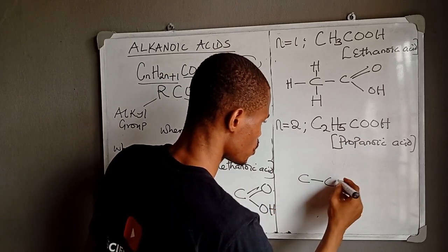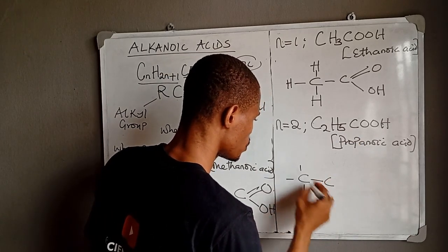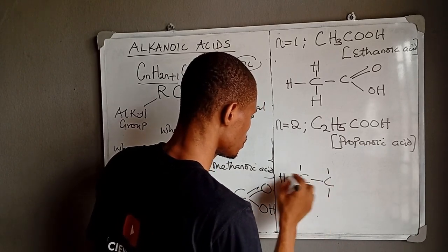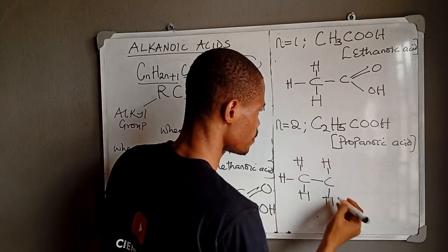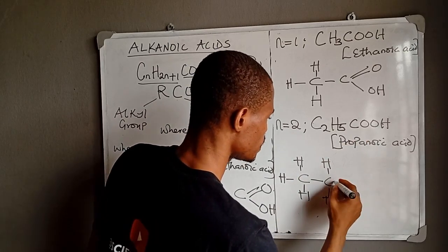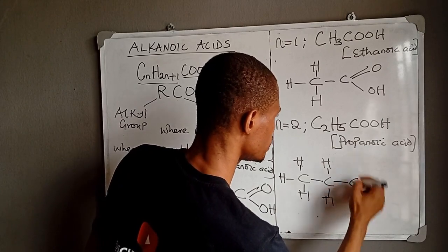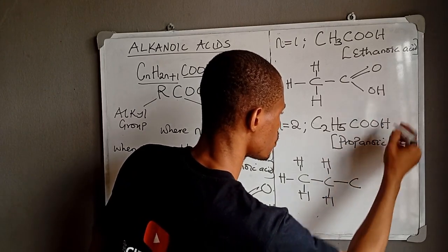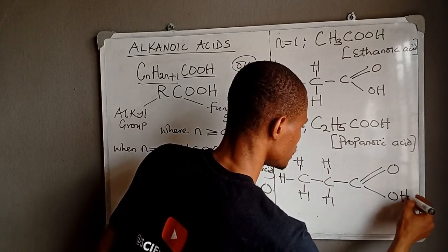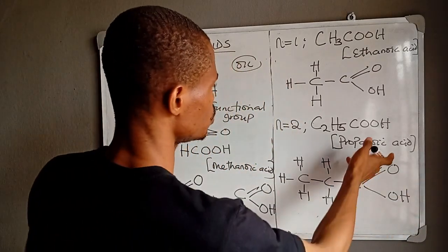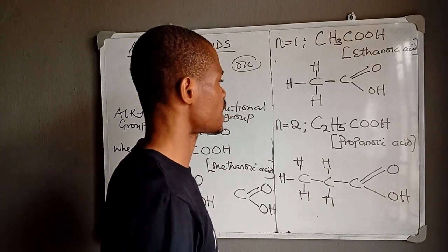We have the functional group, so 5 hydrogen attached to this carbon: 1, 2, 3, 4, 5, and then the C comes into play, attached to the functional group, which is written like this. So this is known as propanoic acid.